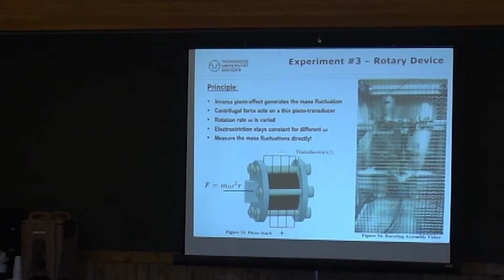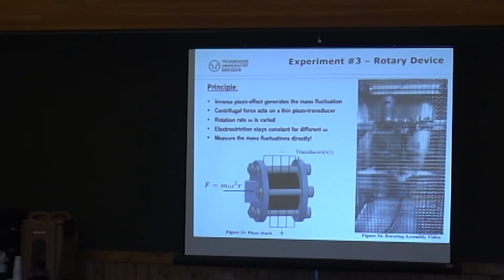But this transducer picks up the piezoelectric effect and could also get the mass fluctuation, because this mass fluctuation is accelerated by the centrifugal force. So it fulfills the conditions stated by Professor Woodward, that there's an acceleration and a mass fluctuation producing effect, which is the piezoelectric effect from the actuator stack.